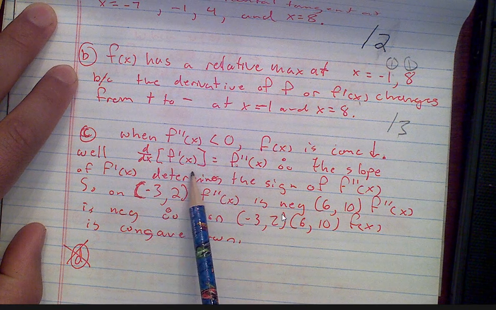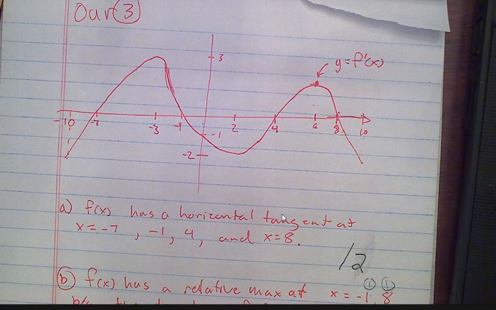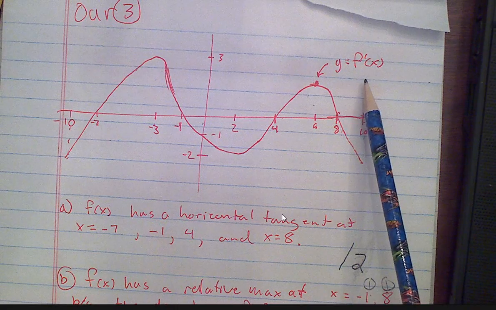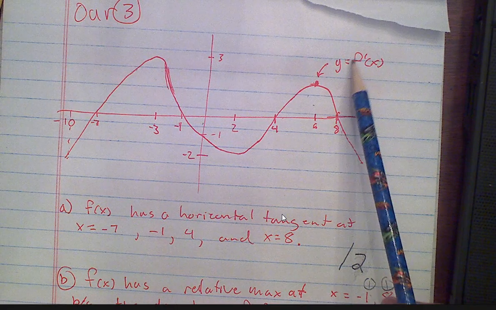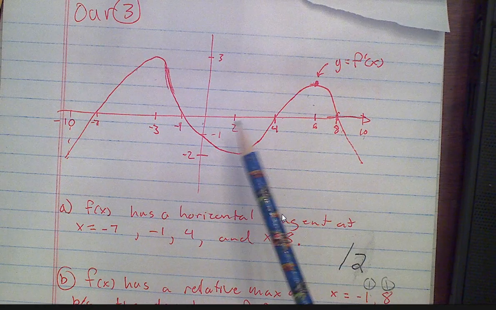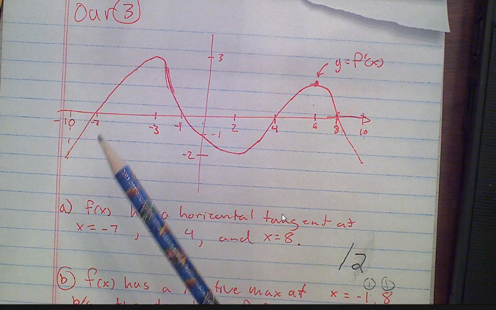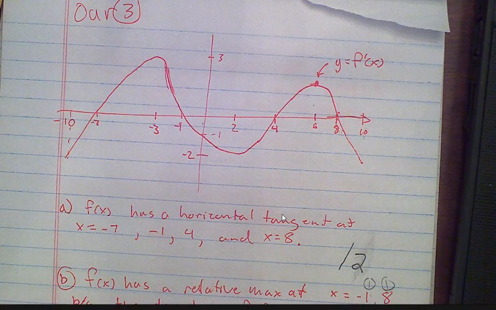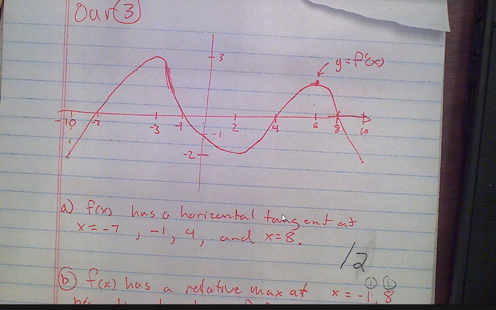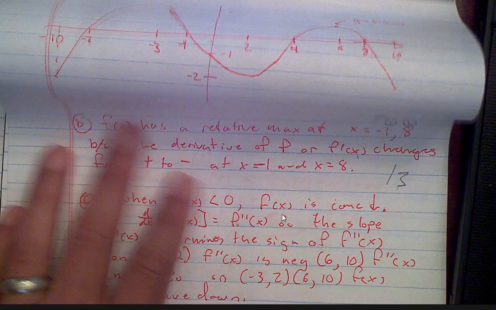We have the derivative right here. If we take the derivative of this, we get the second derivative. The derivative of this is just the values of the slope of the graph. So just thinking of the derivative in terms of the values of the slope of the graph, we can solve this problem.